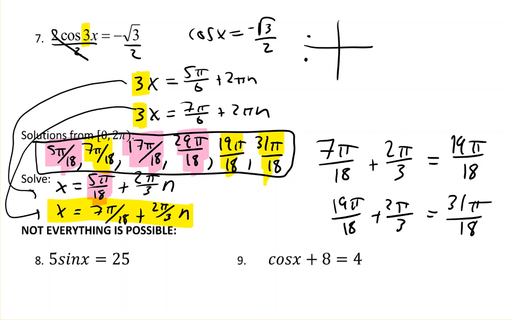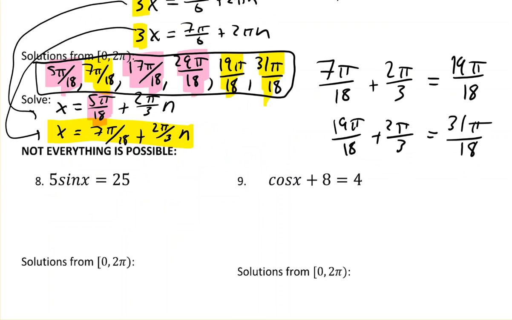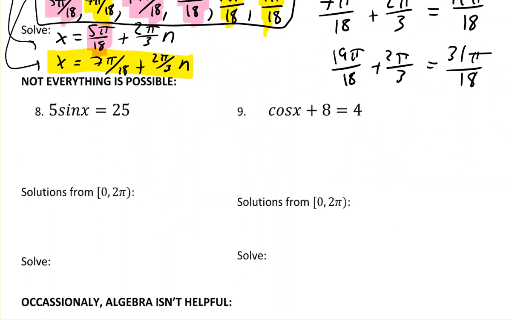So this already kind of came up, but not all the stuff's going to be possible. So if you started this by dividing both sides by 5, and then you ask yourself, where's sine 5? Well, sine's never 5, so not possible. So you just need to understand that it is possible to get no solution here, or for a problem not to be possible.